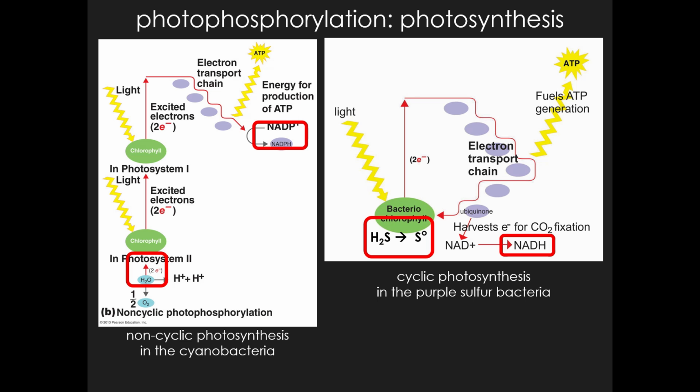And then of course that metal ball, because of gravity, will fall right back down to its place. So think of the metal ball as the electron, and think of the person swinging the hammer as the light. The light comes and slams down on the chlorophyll molecule, and that shoots the electron up so high that it can fall through the electron transport chain.